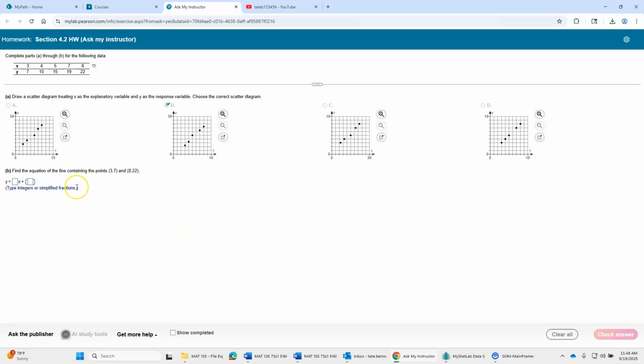This part B would go back to college algebra. You have to use a couple formulas from college algebra here. The formula in college algebra is that slope equals y sub 2 minus y sub 1 over x sub 2 minus x sub 1.